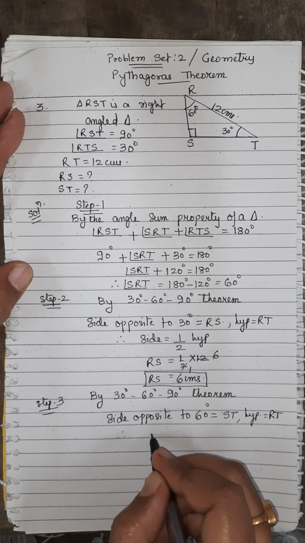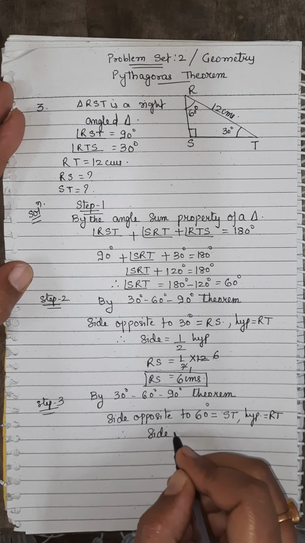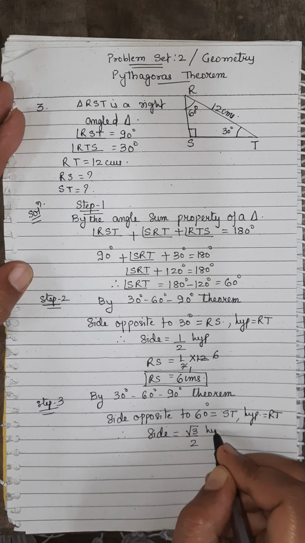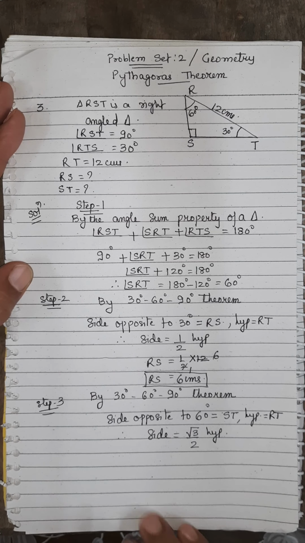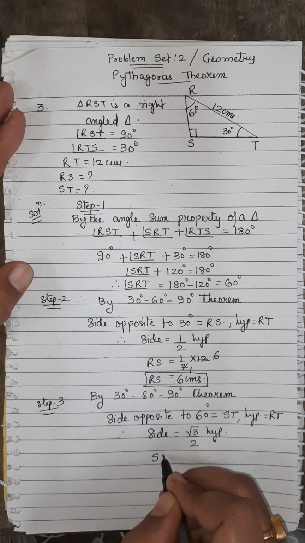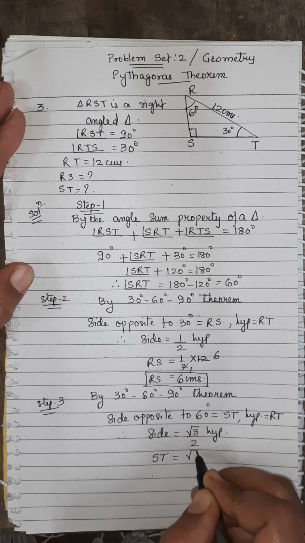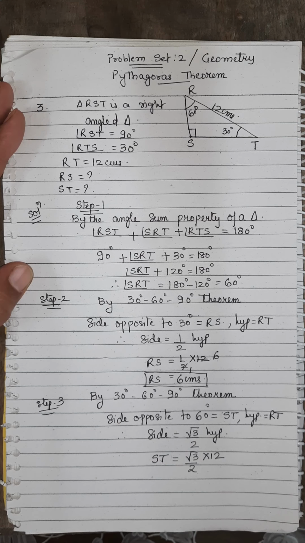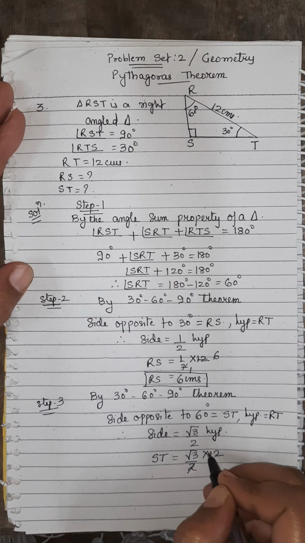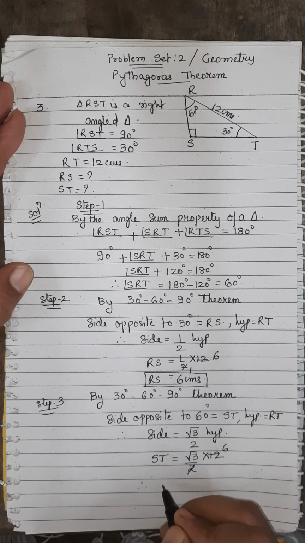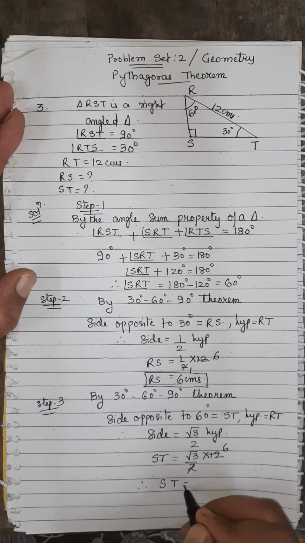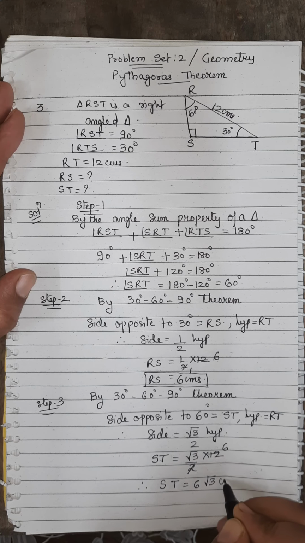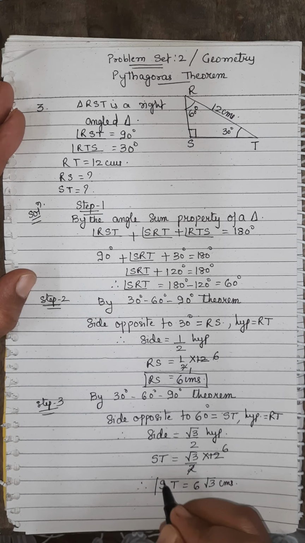Hence how do we get the side? If it is 60 degrees, we have √3/2 hypotenuse. That is ST is equal to √3/2 times the hypotenuse, which is 12. Let's do the cancellations, and you get ST is equal to 6√3 centimeters.